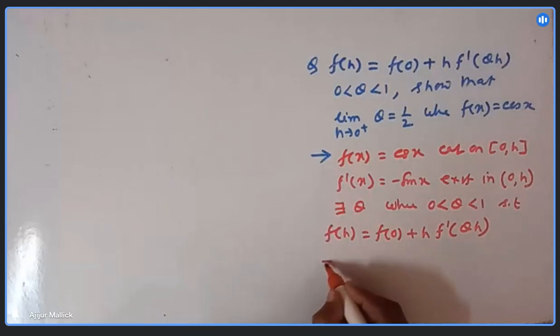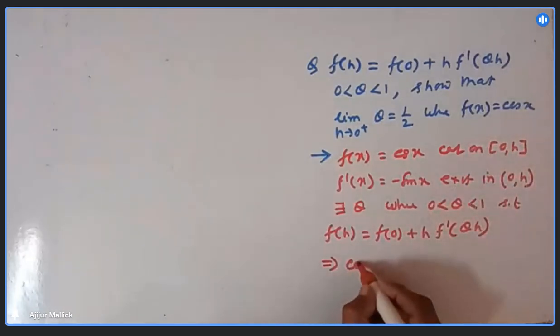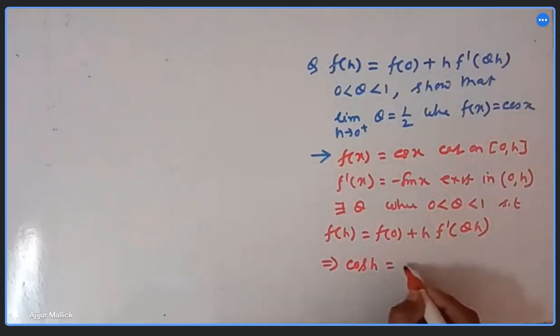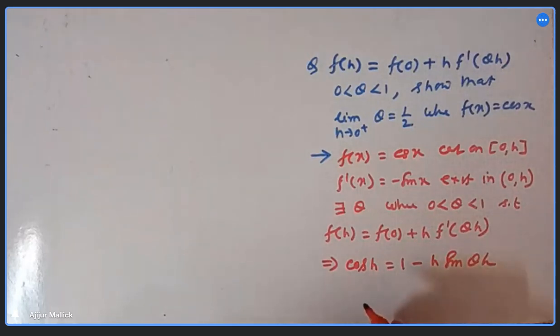So this will give you, I put all values. F of h is cos of h, f of 0 is 1, plus h into f dash theta h, which will be minus of sin theta h.